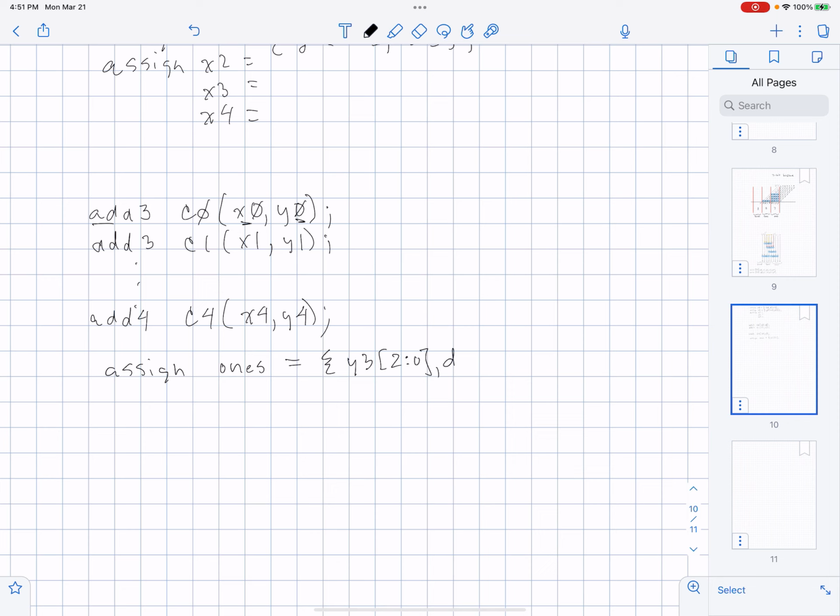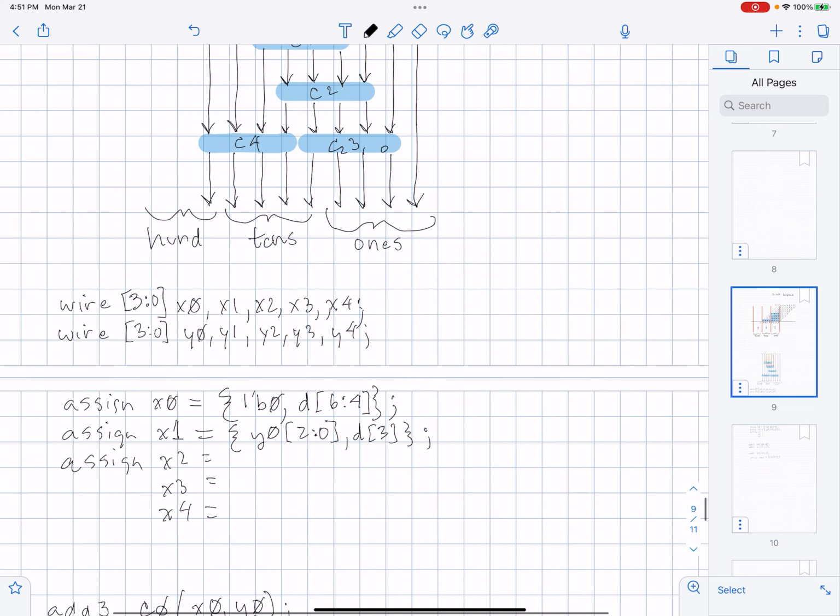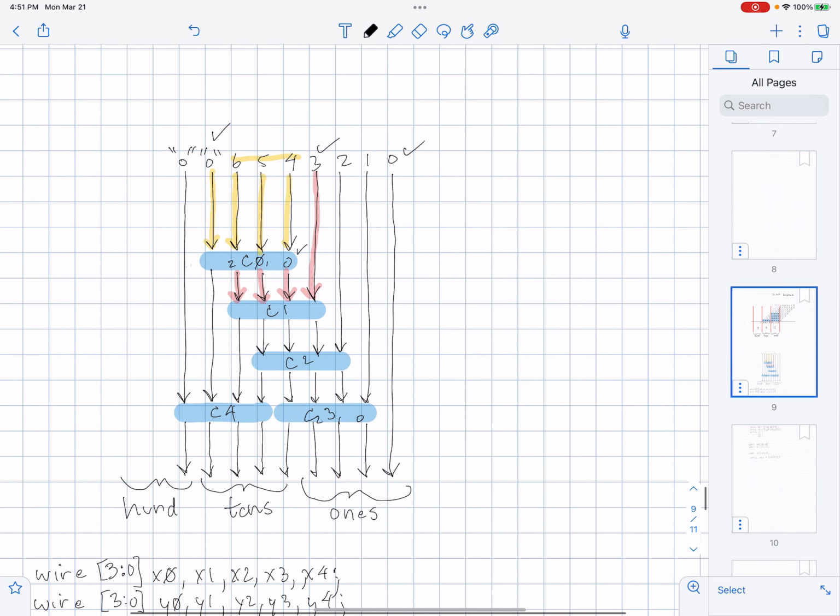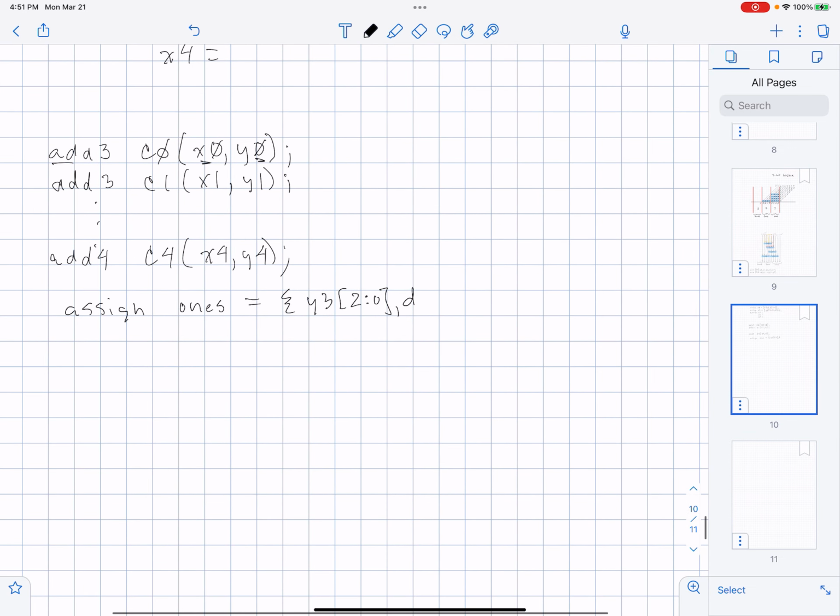And then, looking at the diagram, I have D0 showing up as the last input to that output assignment. All right, so then you need to do the same thing for tens and hundreds.